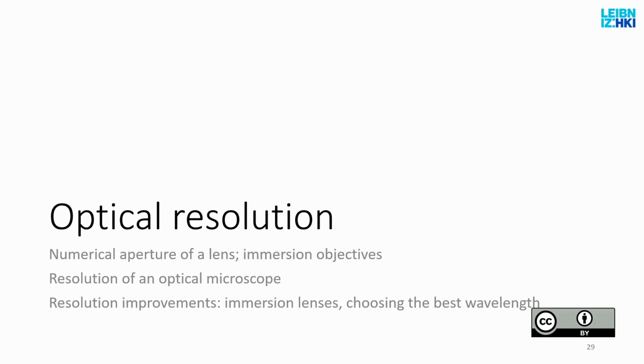This also means that the performance of an optical system or a lens itself can be measured by how small an object is that I can still see as an individual object, or how close two very small objects can be to each other so I still see them as two.